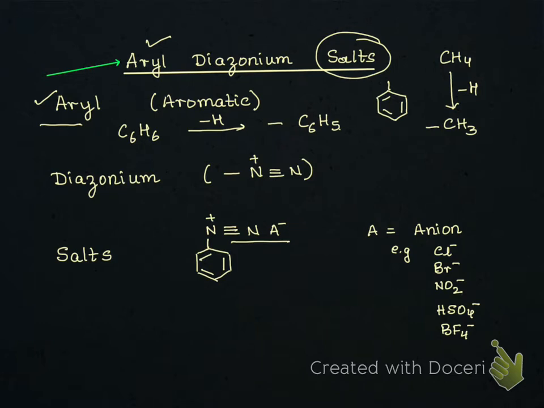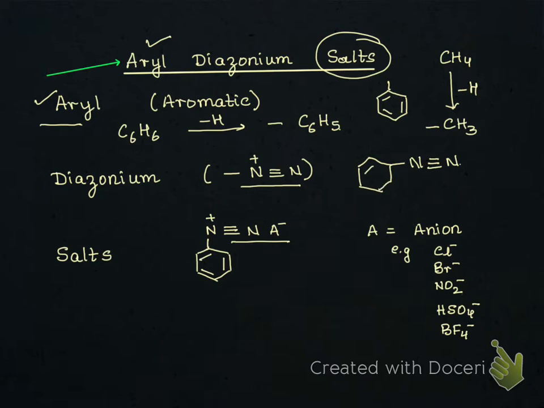Diazonium. Diazonium stands for this group where nitrogen is bonded to another nitrogen, but unlike in nitrogen gas where they are happy in their own world after forming a triple bond, the electrons of nitrogen, they form a bond with the benzene ring here.